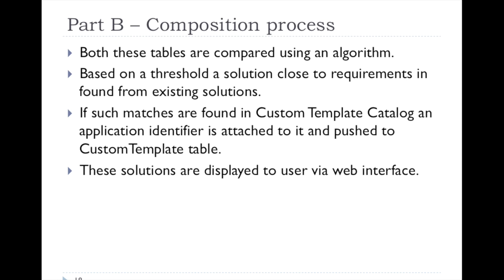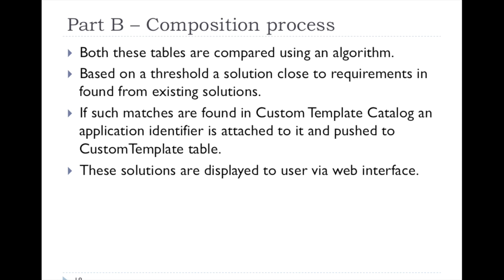Now, both these tables are compared using an algorithm. What my algorithm says is compare the requirements with the existing solutions. All we need to check is if their solutions are close or exactly the same. The target is to meet the same requirements, but even if it's close by, we would provide them with those solutions.